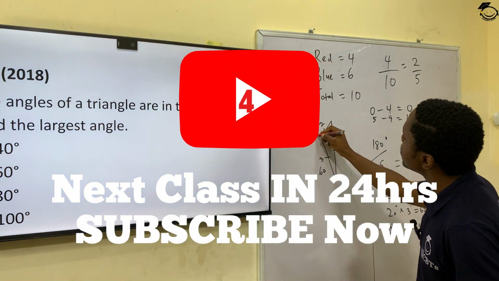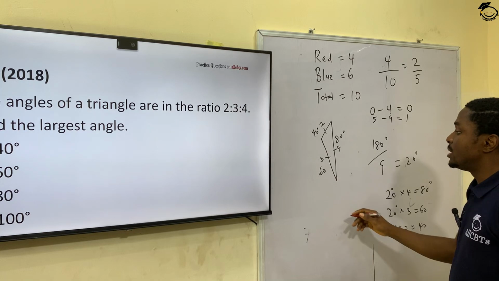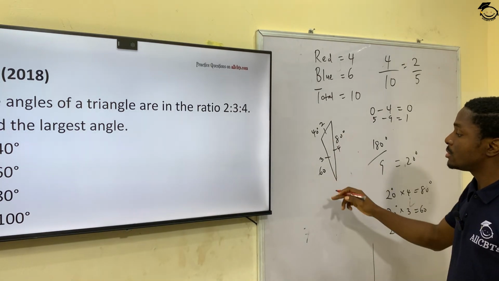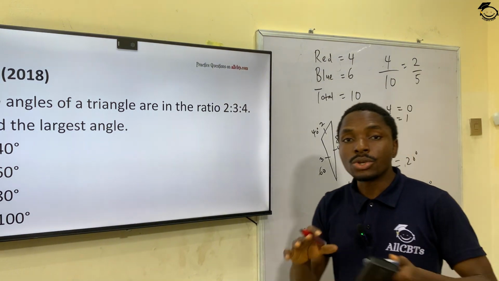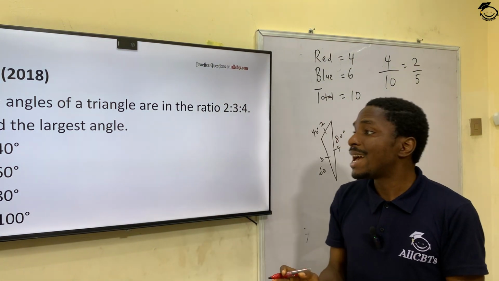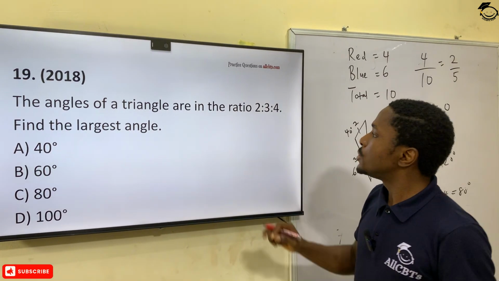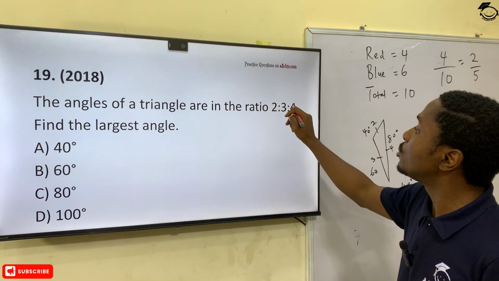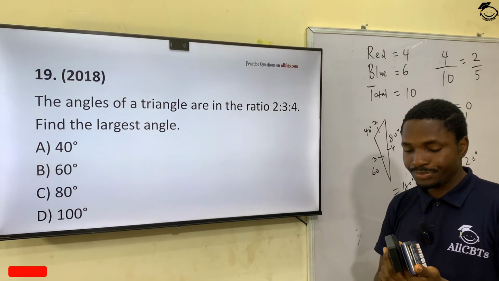So this one will be 40. By the time you add everything together, it will give you 40 plus 80 plus 60, which is 180 degrees. Remember that the sum of all the angles in a triangle must not be more than 180. So the largest angle, which is the ratio 4 angle, is 80 degrees.